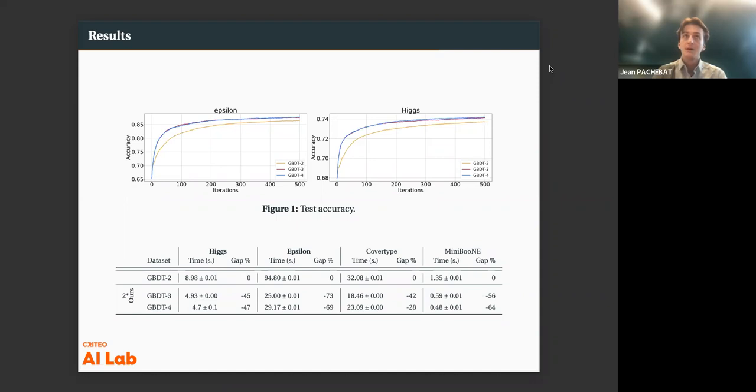I'm not too aware of interpretation of gradient boosting. I know there's work going on; it's a research topic. But if you have fewer trees, you probably gain in interpretability, I guess. Thank you.